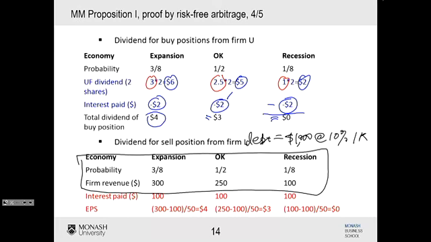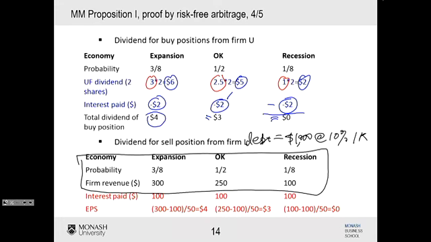That's a major difference between the dividend and the interest. If the economy is doing well and the company is working well, you pay the dividend. But regardless of the economy and company performance, you have to pay the interest all the time, each year, and in the United States every 6 months. So the $1,000 debt at a 10% interest rate is going to cost the company $100 in each of the 3 scenarios, whether the economy is in expansion or recession.